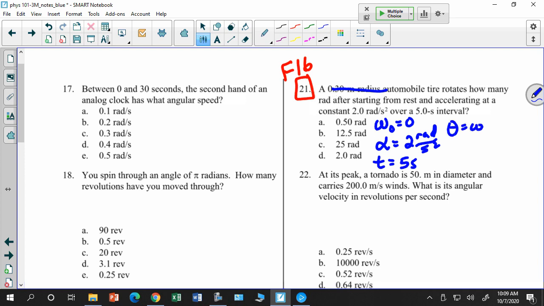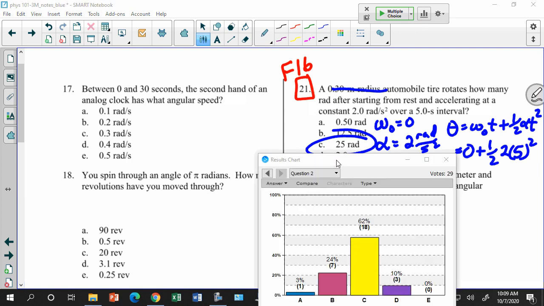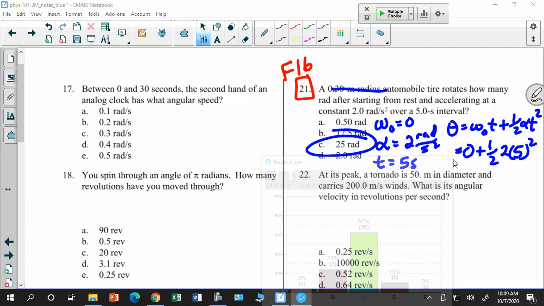Theta is equal to omega naught t, but omega naught's 0, so that term goes away, plus 1/2 alpha t squared. So it's equal to 0 plus 1/2 of 2 times 5 squared, or 25 radians. Everything was in radians at the beginning, so the answer is going to be in radians at the end. The answer is C there.